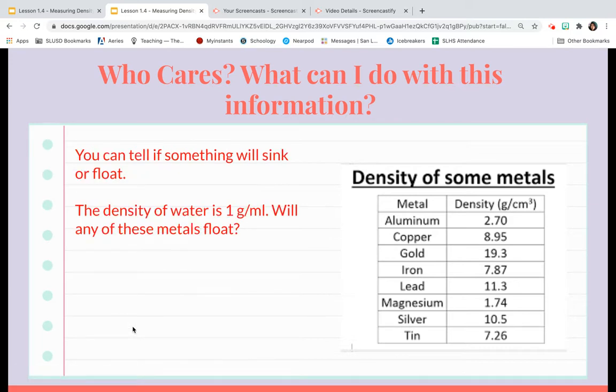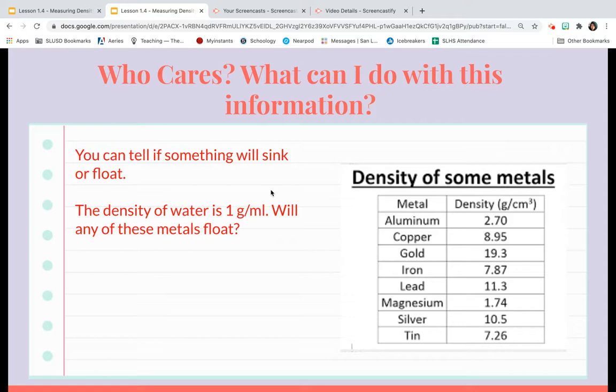You can also tell if something will sink or float in general. So if water has a density of 1 gram per milliliter, will any of these objects float? Well, no, because all of these densities are greater than 1. If it has a density of less than 1, then it will float. This is ignoring something called buoyancy right now that you'll learn in physics, right?